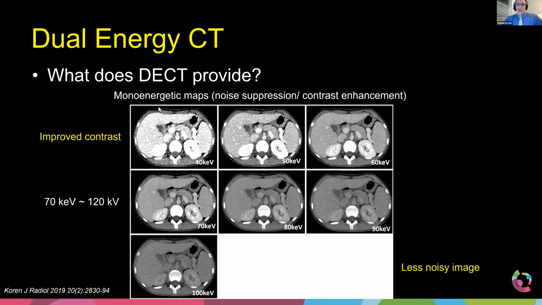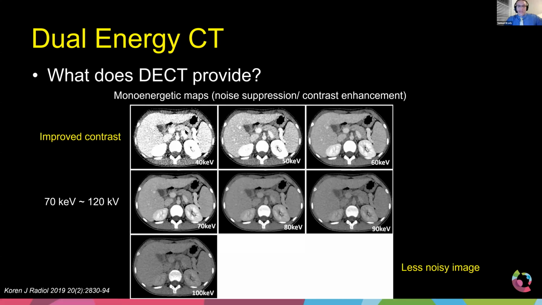So the monoenergetic maps are simply a ratio, a way to take the data from both spectrums and combine them in a unique way so that you can look at either high contrast or low contrast. Much more noisy images in the contrasty image, but less noisy at the high end, with lower to no contrast.